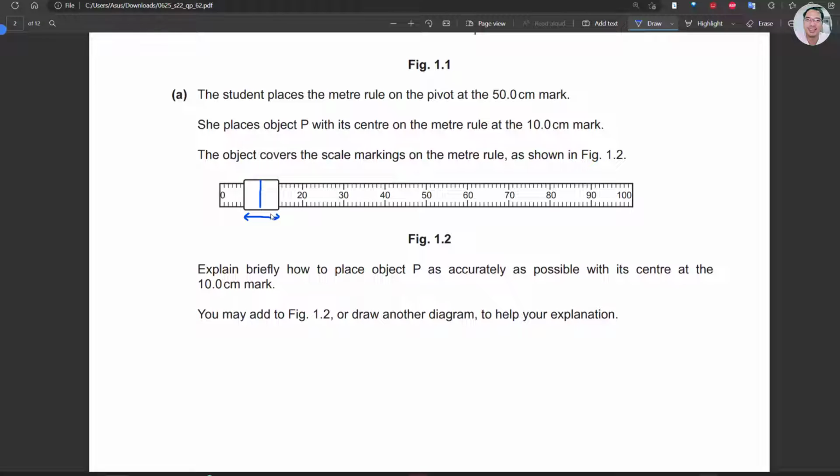And use the pen to mark that position, and then ensure that you can put that right at the 10 mark on the ruler.